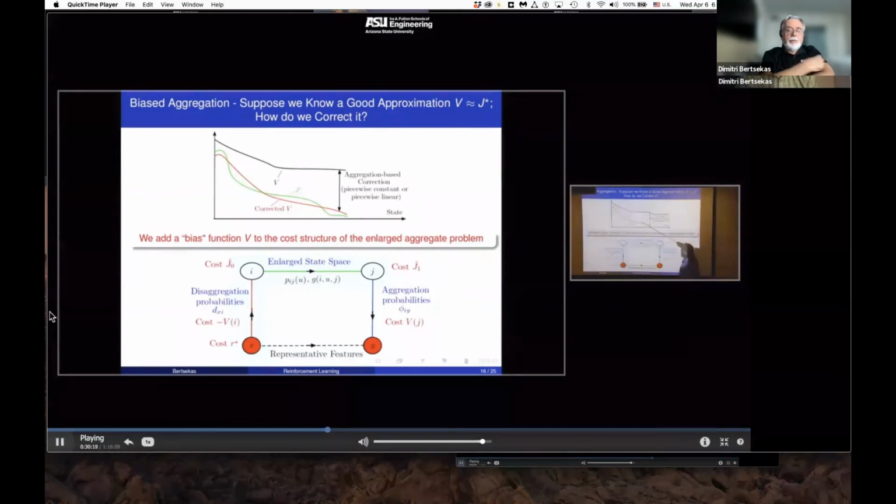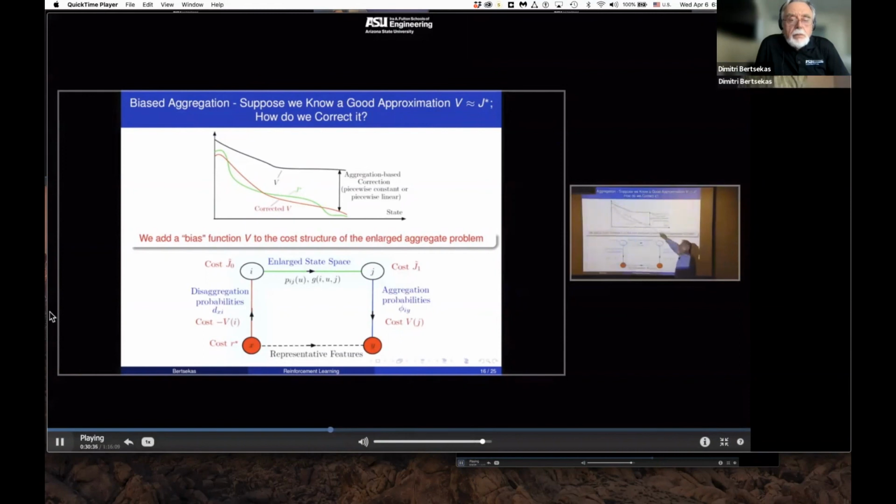Now, J star is this green curve here. This is a function of the state, a very oversimplified picture. With V equals 0, you can set up the aggregation framework the way I have described it, and obtain something like this red approximation.